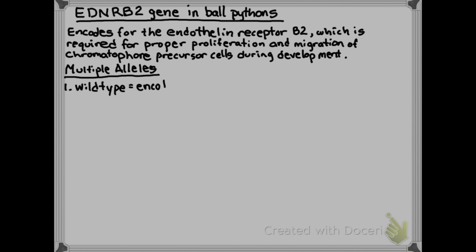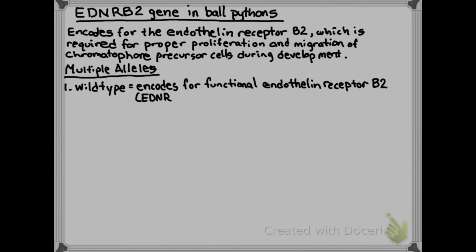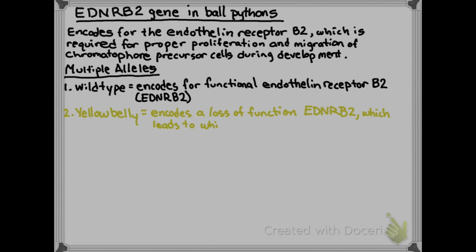One obviously is the wild type allele, and that allele encodes for functional EDNRB2. Then there's the Yellowbelly allele, which encodes for a loss of function EDNRB2, and that results in a phenotype of white skin with faint yellow dorsal stripes, and I'll show the pictures of the actual phenotypes in a minute here.